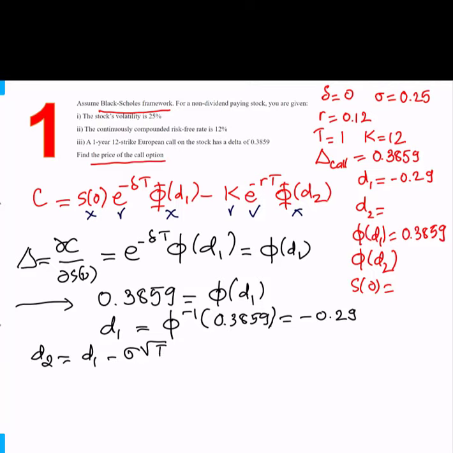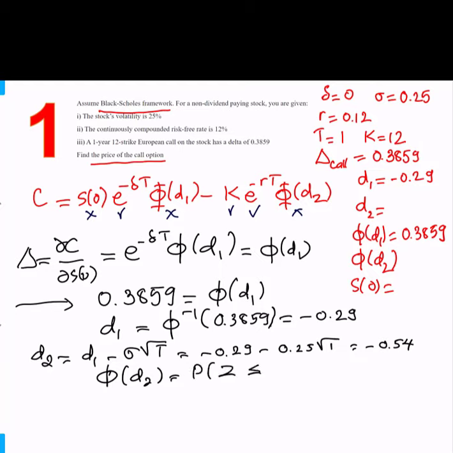And don't forget that D2 is D1 minus sigma square root of T. So it should be negative 0.29, subtract 0.25 square root of 1, and it should be negative 0.54. See that? So by the way, let's find phi of D2.